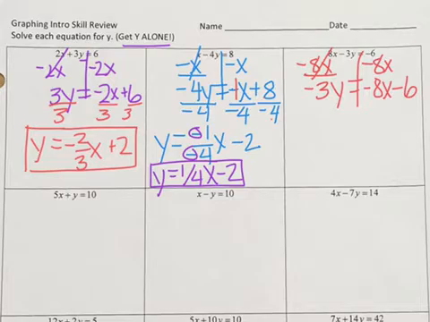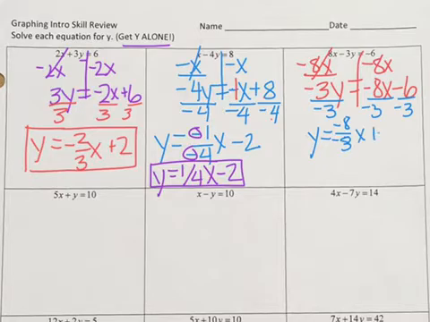Now it's a minus 6 this time because 6 was negative. To get rid of the negative 3, again I divide by everything. And it is a negative number. So I'm left with a negative 8 over negative 3x. And then it's a plus 2 because negative 6 divided by negative 3 is a positive 2.